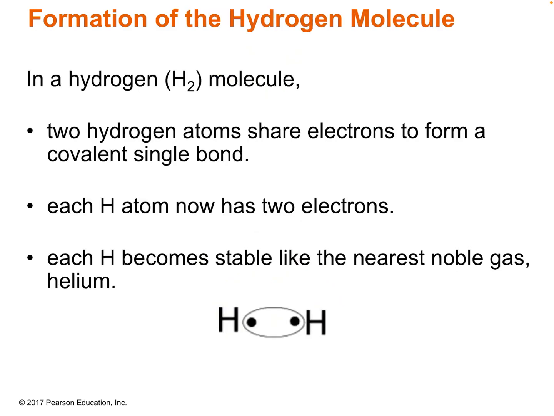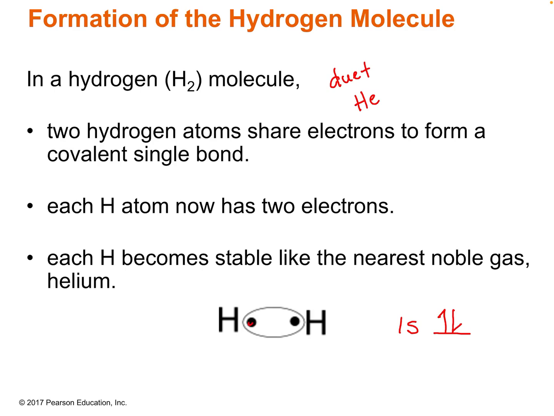So in a hydrogen molecule, hydrogen actually does not follow the octet rule. Hydrogen follows the duet rule because it's trying to be like helium. And helium has 2 valence electrons to complete its, quote unquote, octet, but it's a duet. So hydrogen is trying to fill up that 1s orbital. And that 1s orbital will be full when there are 2 electrons in it.